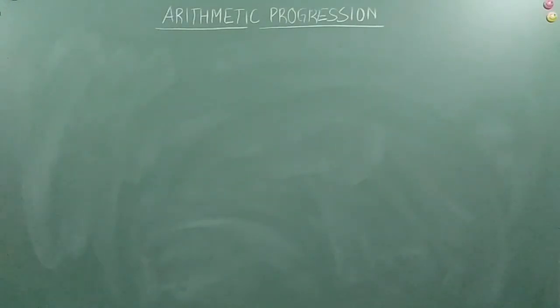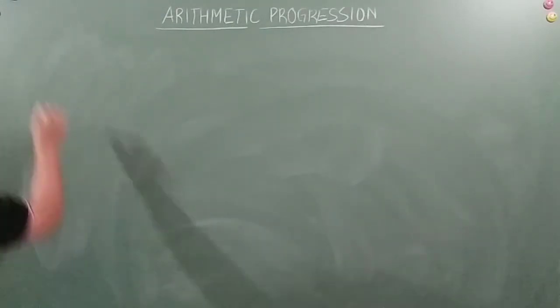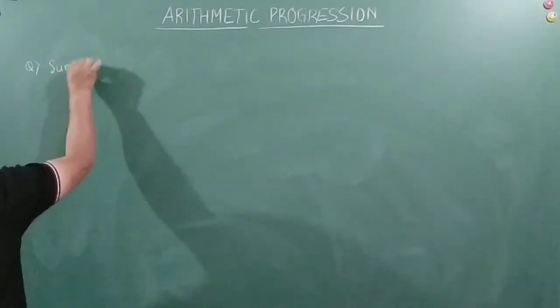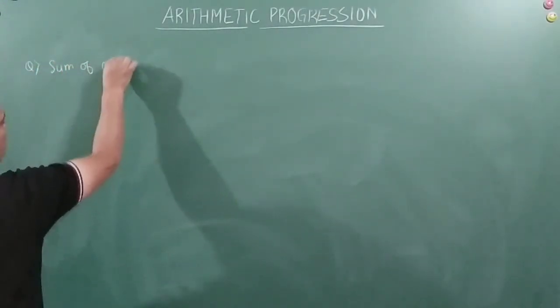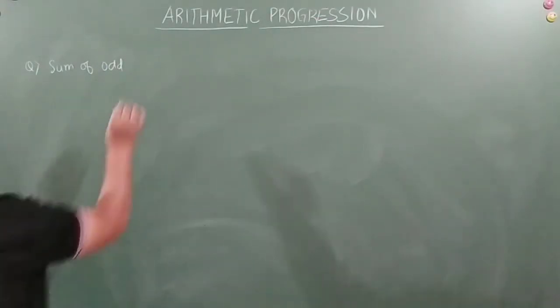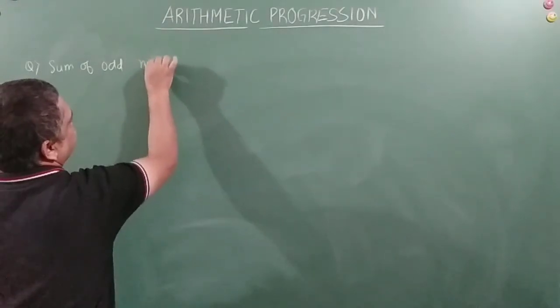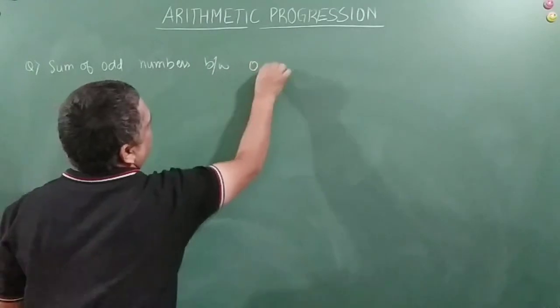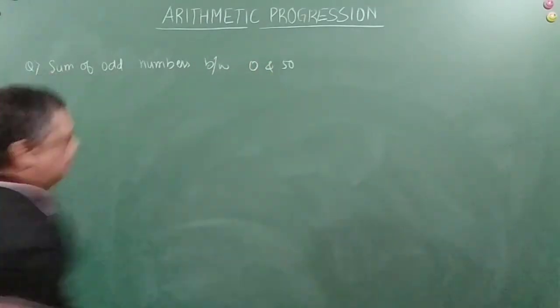Okay. So the next problem says find the sum of odd numbers between 0 and 50.